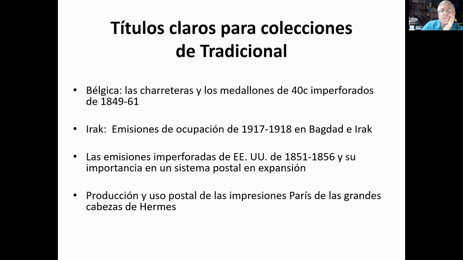Next. The next slide shows just 4 titles for traditional exhibits, which again try to very clearly define the scope and content of the exhibits. The first 2 start out with a very clear definition of a country. They then define, in the first case, the stamp issues that will be covered, the description of the stamp issues that the exhibit comprises, and the title ends with a clearly defined time period.